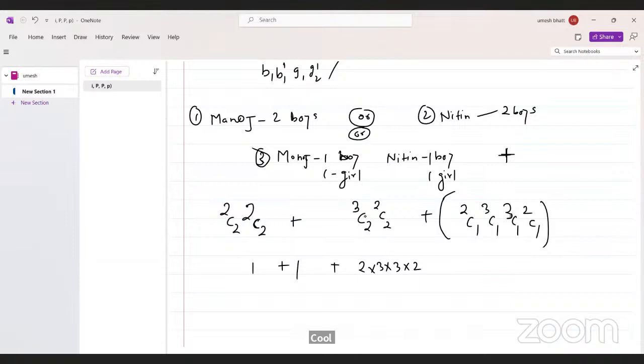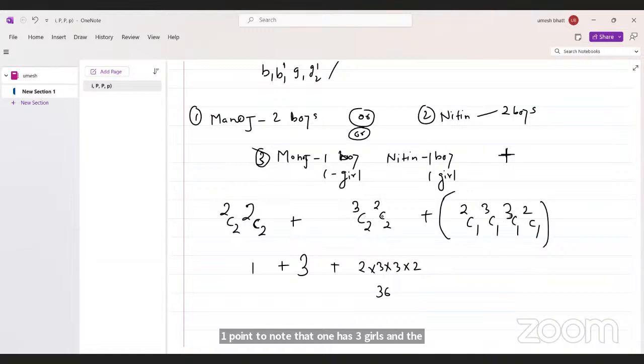Why 3C2? This is 3C2, so we need to add that. This is 3, and this comes to 36. One point to note: one group has 3 girls, so it should be 3C2 and 3C2 in the second case.